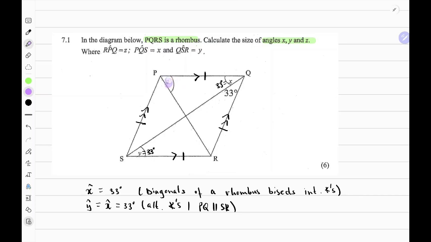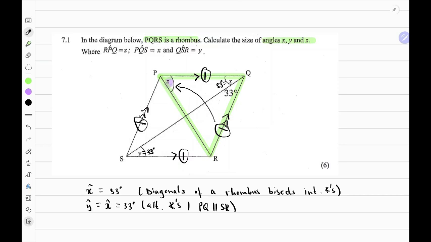And lastly, we need to find the size of Z. If one were to consider PRQ as a triangle, we need to also acknowledge that sides are equal. This is possible because for a rhombus, all sides are equal, and triangle PQR is an isosceles triangle, and we know for an isosceles triangle that angles across equal sides are equal.